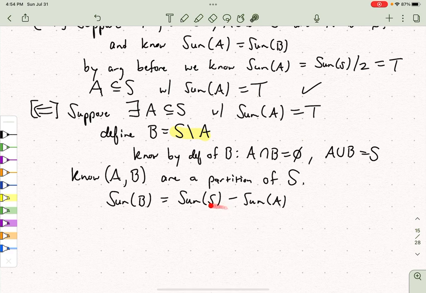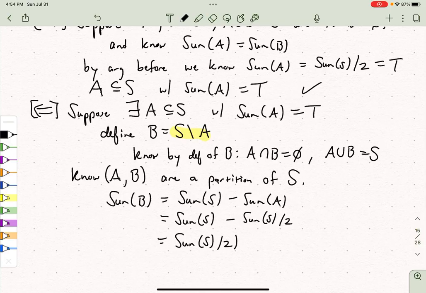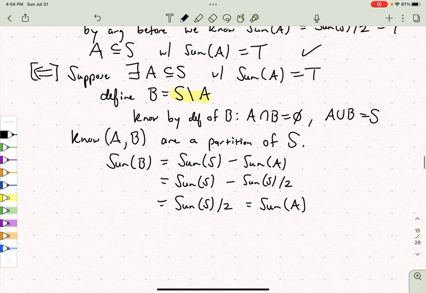It's the sum of all the elements not in A. And this is exactly equal to the sum of S minus the sum of S over 2, which is the sum of S over 2, and that's equal to the sum of A by assumption. So this part is by assumption, in this direction of the proof, we're assuming that property.